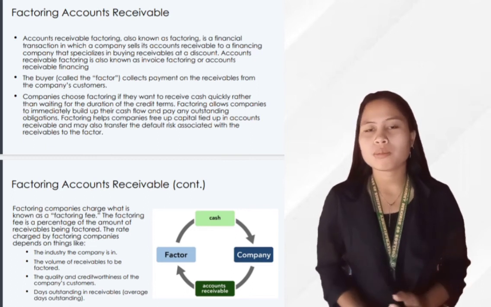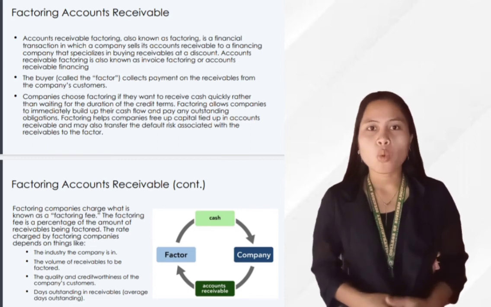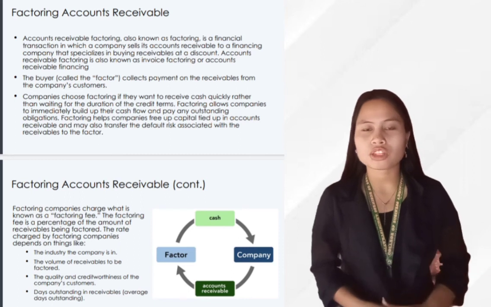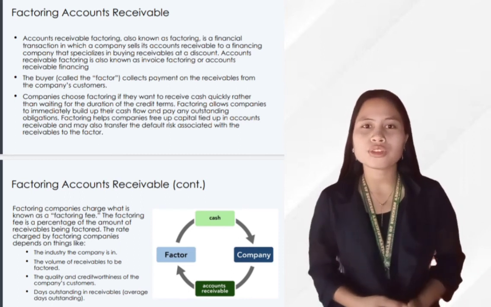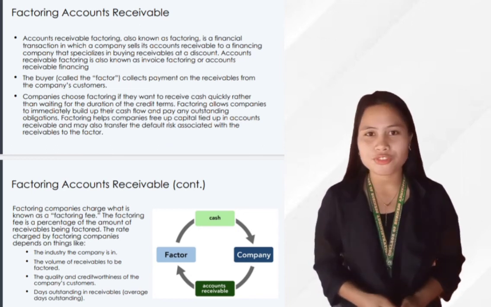In factoring accounts receivable, factoring companies charge what is known as a factoring fee. So, gitawag siyang factoring fee. So, when you say factoring fee, it is a percentage of the amount of receivables being factored.